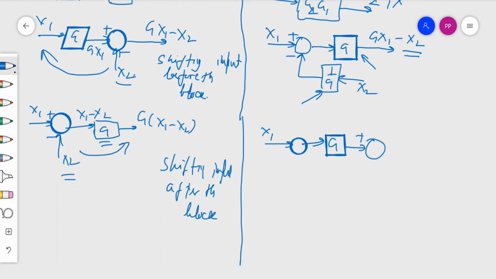So we have to send x2 with the gain G multiplied. Here I am multiplying the gain G with x2, and because of the negative sign we have to give a negative sign here. So the output should be the same: output should be Gx1 minus x2.